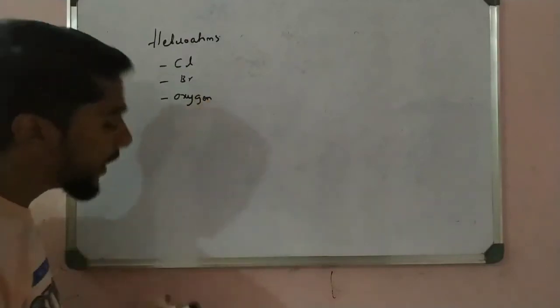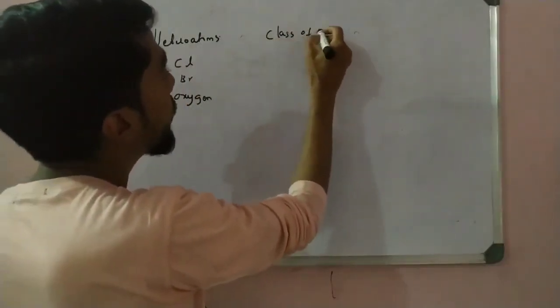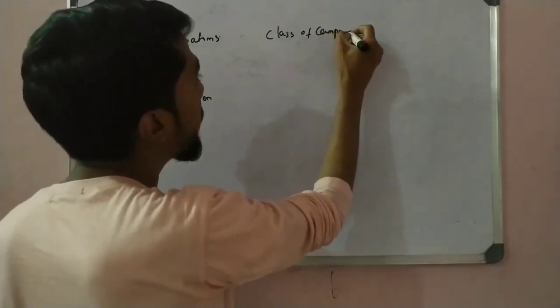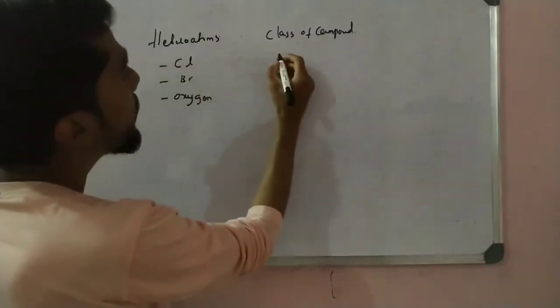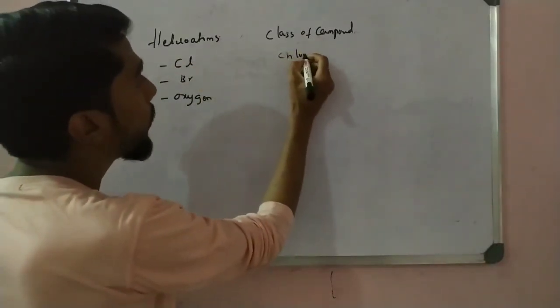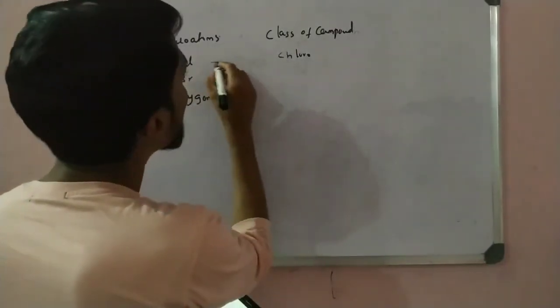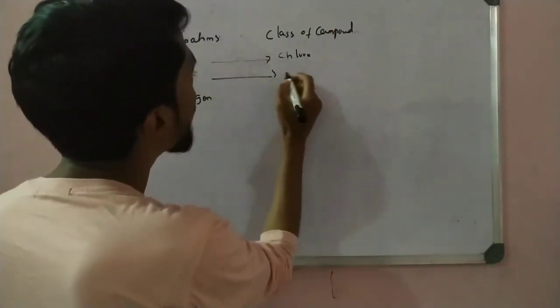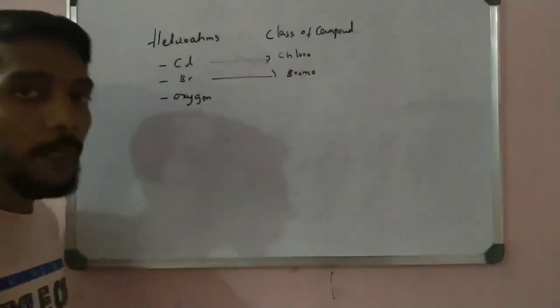Then the class of compounds, that is very important. If chlorine is present, the class of compound is chloro. And if Br is present, the class of compound is bromo.